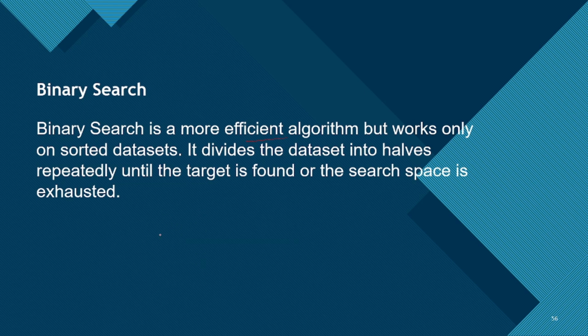The time complexity for binary search is O(log n), and it's ideal for large and sorted datasets. That is the use case: ideal for large and sorted dataset. Okay, let's go to our editor again.